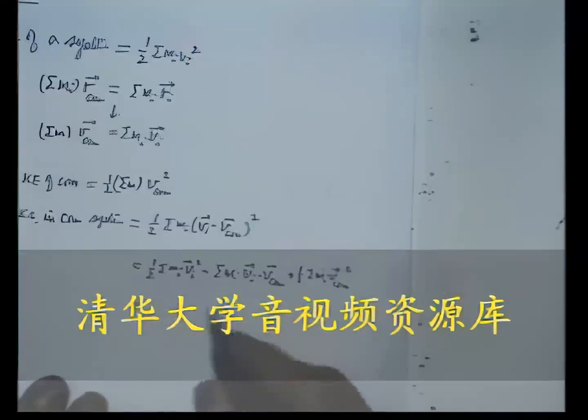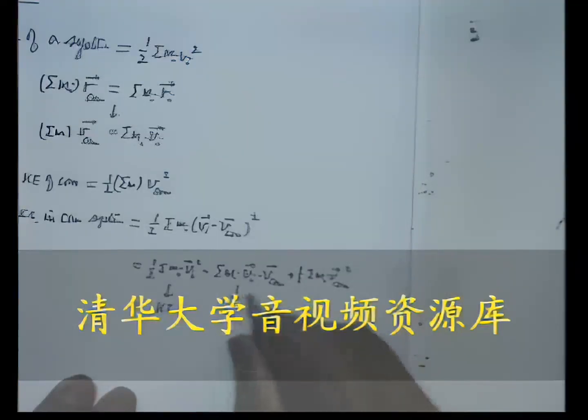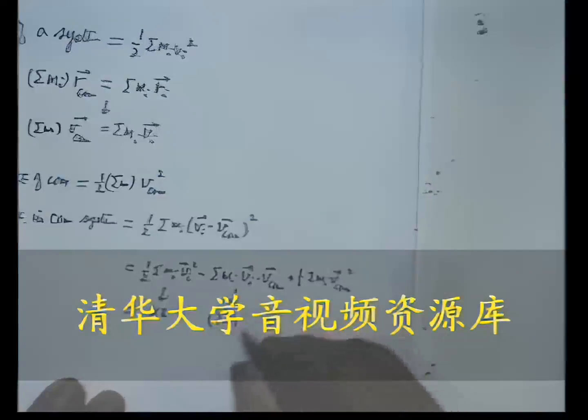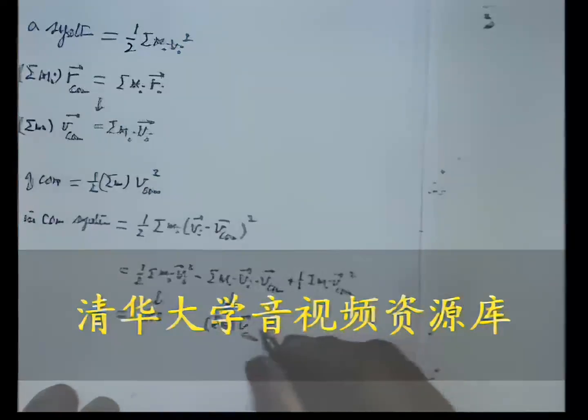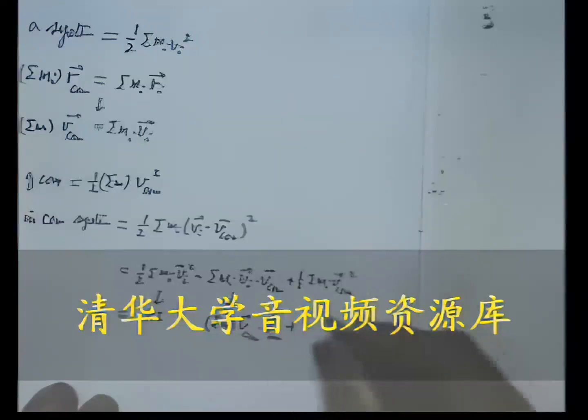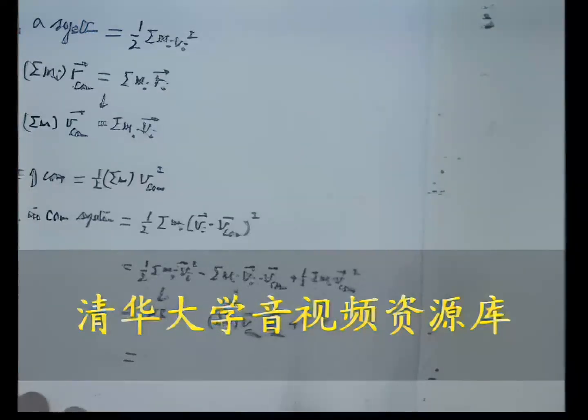This first term is the kinetic energy of the original system. This term becomes sum of m_i times v center of mass dot v center of mass, plus, but these two terms are exactly the same except for a factor of 2.